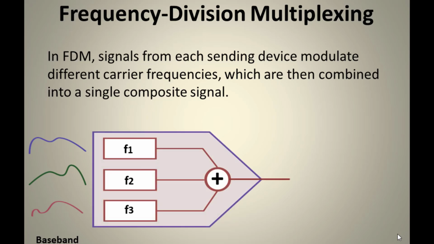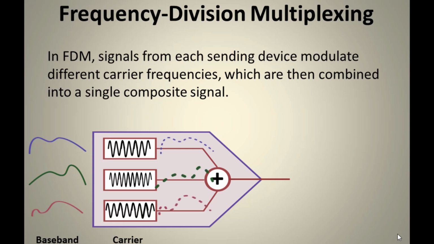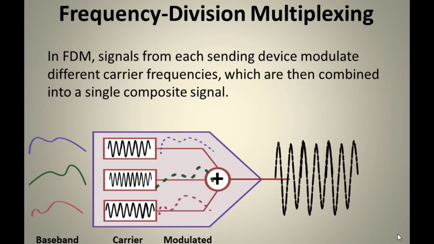Here we use 3 different carrier frequencies, F1, F2, F3, and these carrier signals are modulated by the baseband signals, and we get this result. These signals are modulated and combined together, and on the right side we have this combined signal.